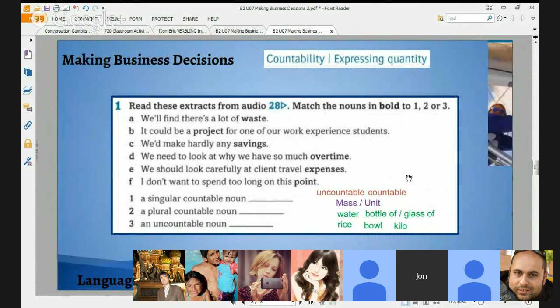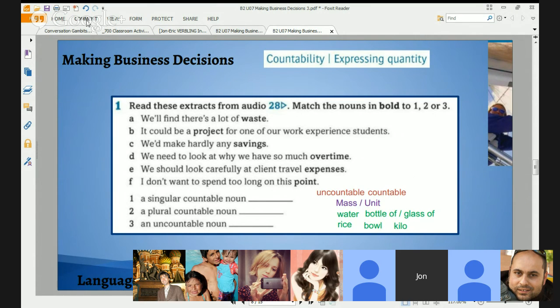Class, what do you think? I think it's uncountable. Yeah, me too. Okay. Uncountable, so it's a mass concept. It's easy, because can you say one waste? No, you can't say one waste.